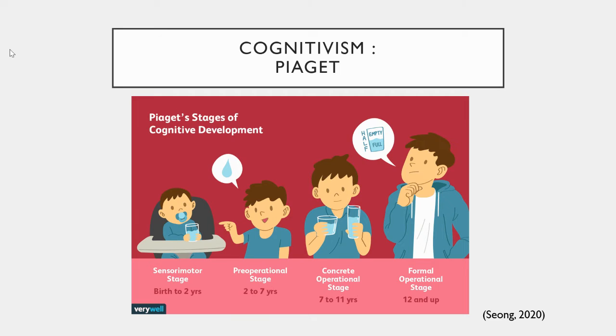Jean Piaget's theory of cognitive development suggests that children move through 4 stages of mental development, as I had said on the previous slide. His theory focuses not only on understanding how children acquire knowledge, but also on understanding the nature of intelligence.